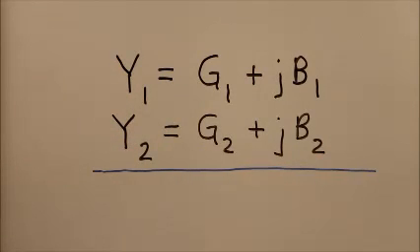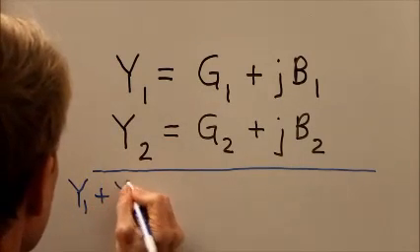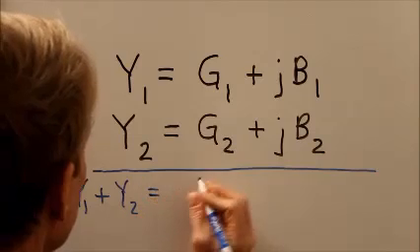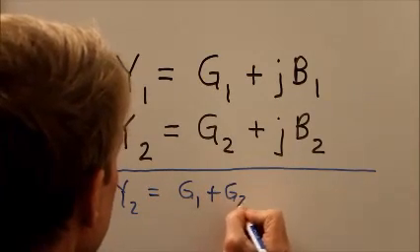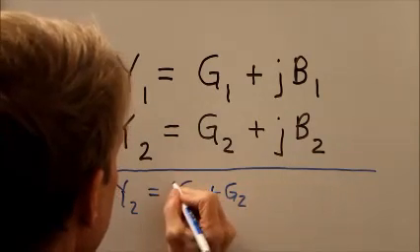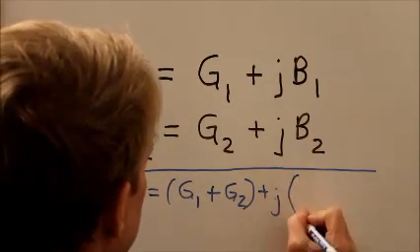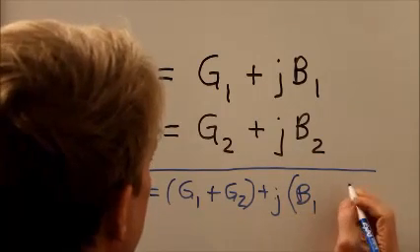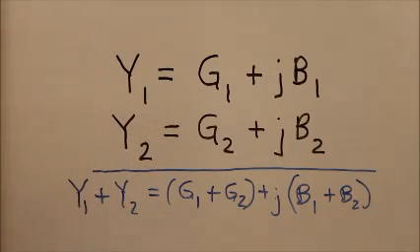When we connect them in parallel, the admittances simply add. So we get Y sub 1 plus Y sub 2 equals G sub 1 plus G sub 2 plus j times (B sub 1 plus B sub 2). Like that.